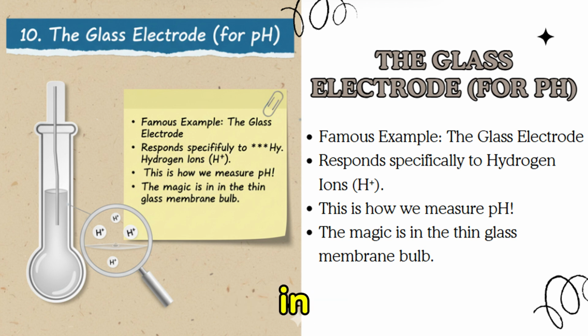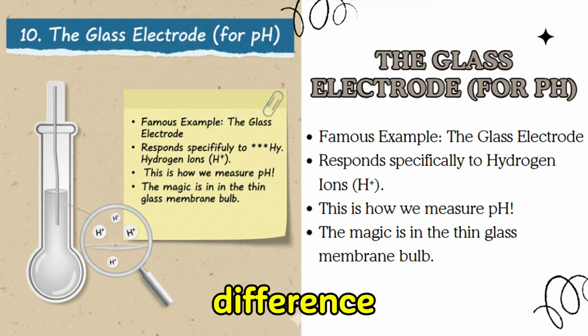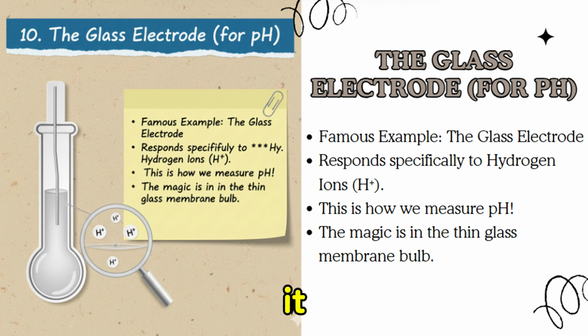The magic is in its tip, a very thin bulb made of a special type of glass. This glass membrane allows hydrogen ions from the solution to interact with it, creating a tiny but measurable potential difference across the membrane. The more hydrogen ions in the solution, meaning the more acidic it is, the larger this potential becomes. The electrode is essentially counting the hydrogen ions.